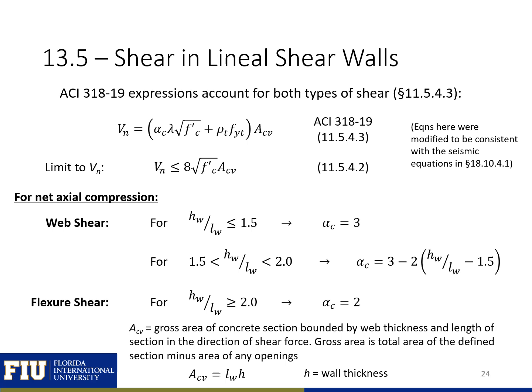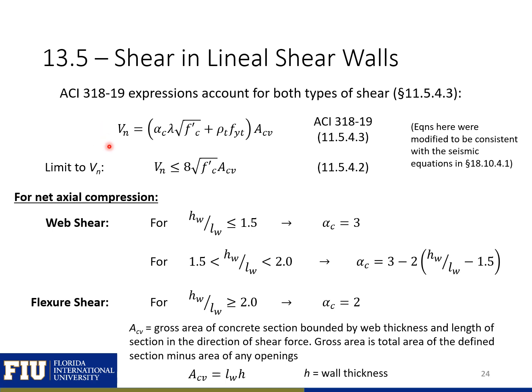The equation for estimating the nominal shear capacity for shear walls from ACI 318 is shown on this slide right here. This equation was modified from ACI 318-14 and earlier to the equation shown to be more consistent with the seismic equations found in chapter 18.